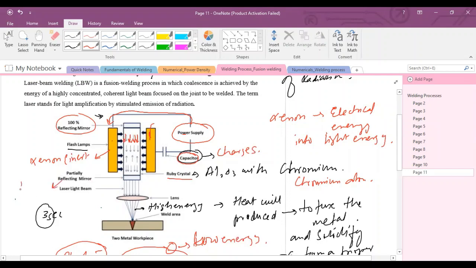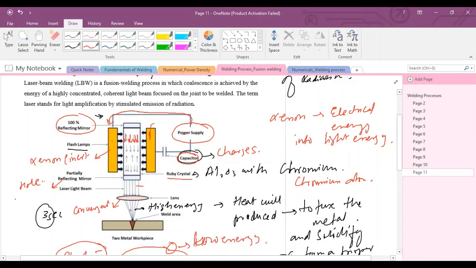This partially reflecting mirror has small holes. It will allow some of the photons, in the form of light, to transmit towards the lens, and this lens is responsible for converging this laser beam.